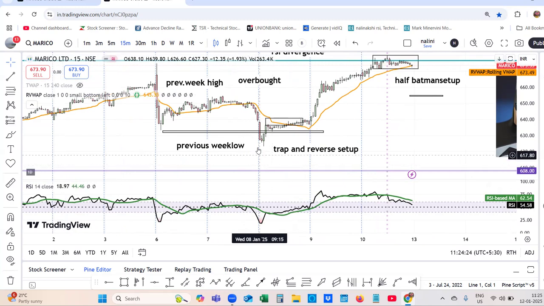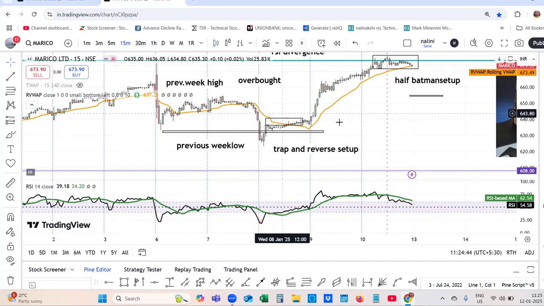Similarly, you have seen the time-weighted average price is below the price, indicating strength. You saw that this is the setting you need to look for.